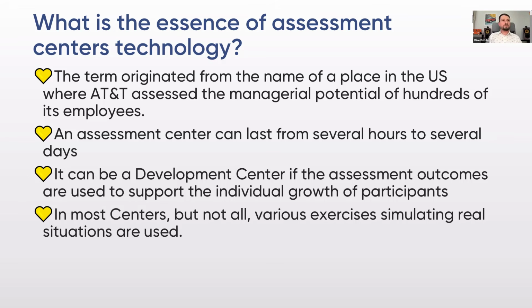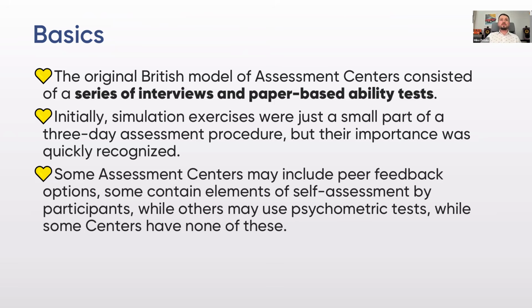Fundamentals. The original British assessment centre model consisted of a series of interviews and paper versions of aptitude tests. Initially, simulation exercises, tasks that mimic future job duties like conducting a meeting with an employee, were only a small part of the three-day evaluation procedure, but their importance was quickly recognized. Some assessment centers may include peer feedback options, what we call 360-degree feedback.